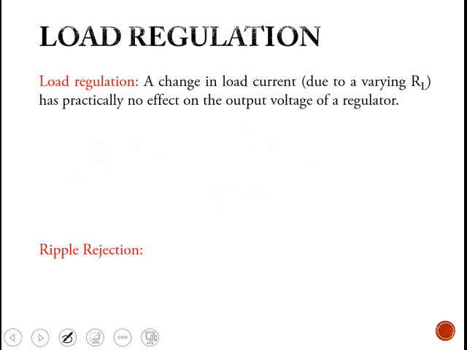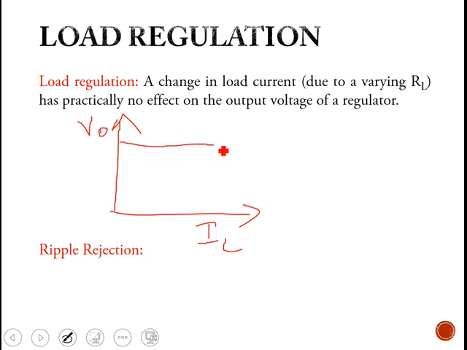Whereas load regulation is that the output voltage of your regulator should be held constant irrespective of the variations in the load. If we consider the variation of output voltage versus the variation in the load, under no load condition, the output voltage will be maximum almost.